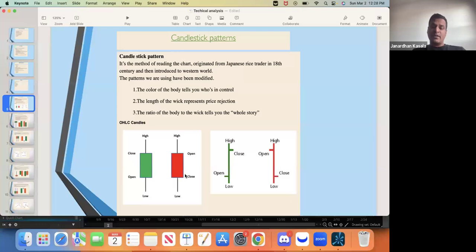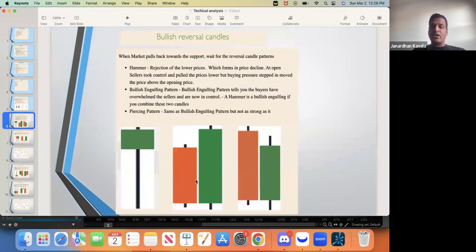But the wick size tells you who is actually in control. If you see here, this is a green hammer. I'm going to talk about a lot of candlestick names, but you don't have to remember all these names. I'm telling these names just for educational purposes, but I don't remember them.